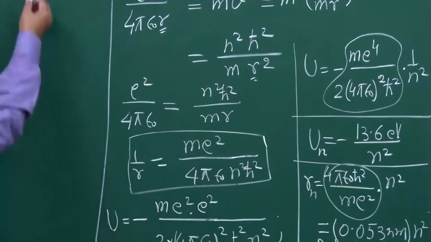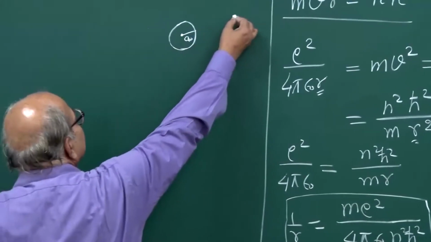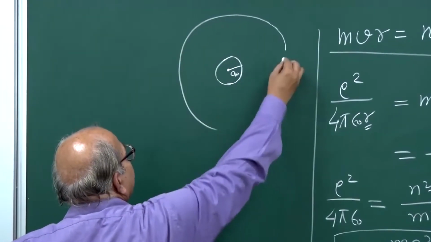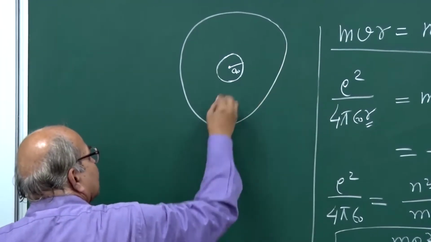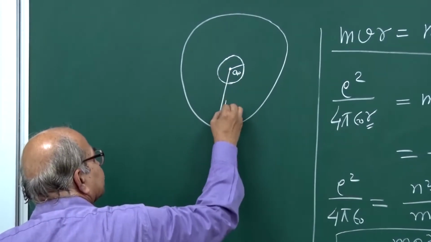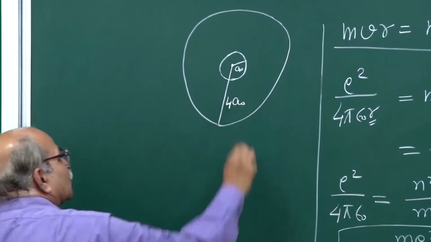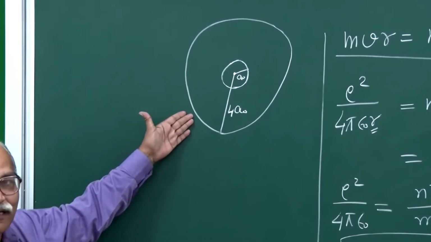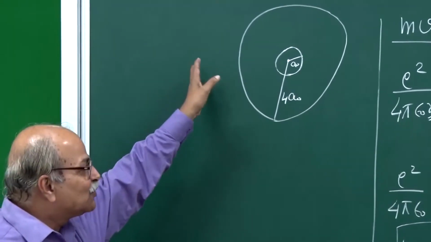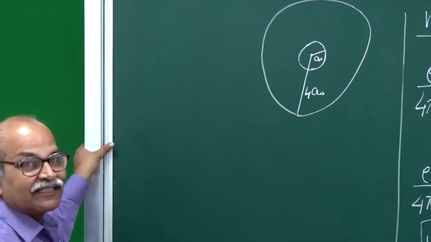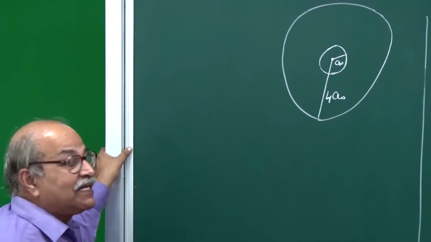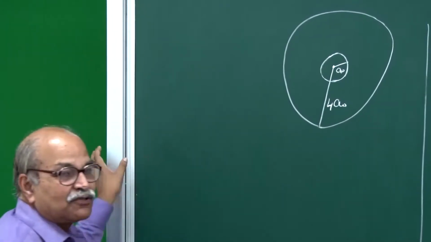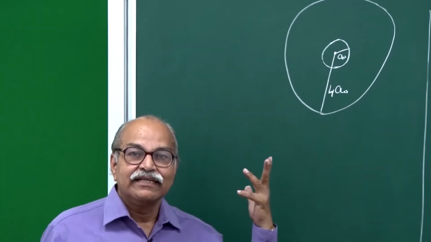So the next orbit will have radius 4 A0, where A0 is 0.053 nanometers. It doesn't look like a circle, but you should always assume whatever I draw is a circle. And then the next one will be 9 times A0. So you have n equal to 1, n equal to 2, n equal to 3; these are stationary orbits.